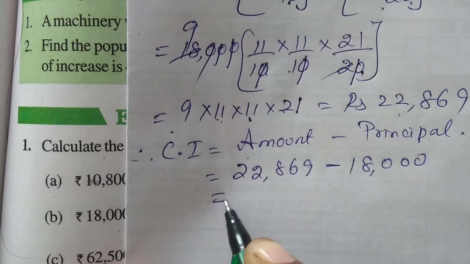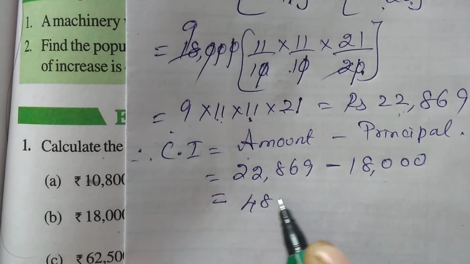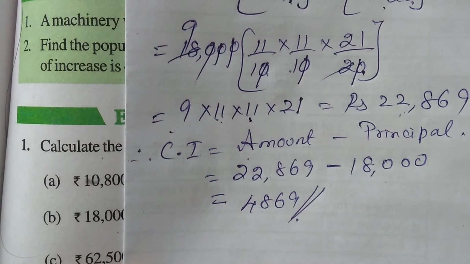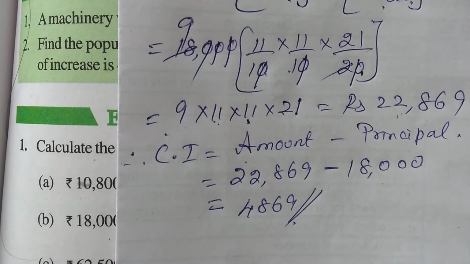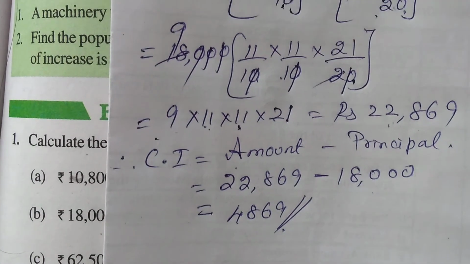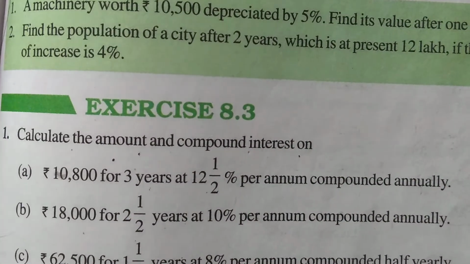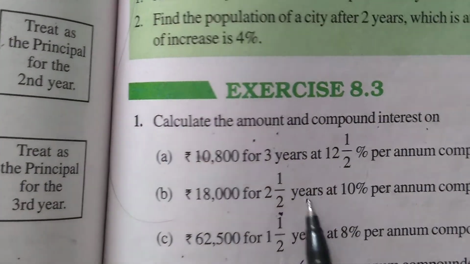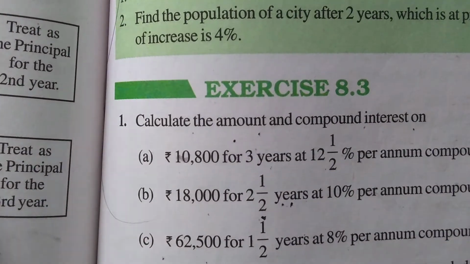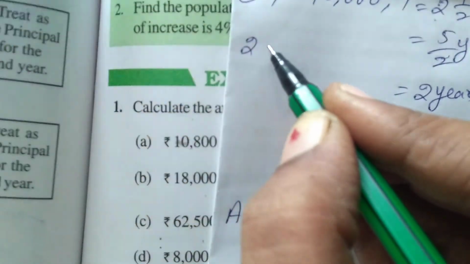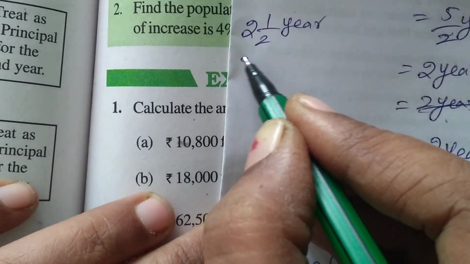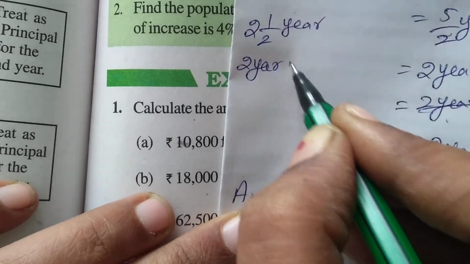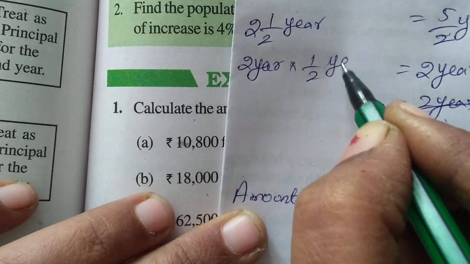4,869 rupees. Okay. So here in this sum, I'll repeat for you because there may be a bit of confusion. It is given as 2.5 years. 2.5 years is split into 2 years and half year, that is 2 plus 1 by 2.